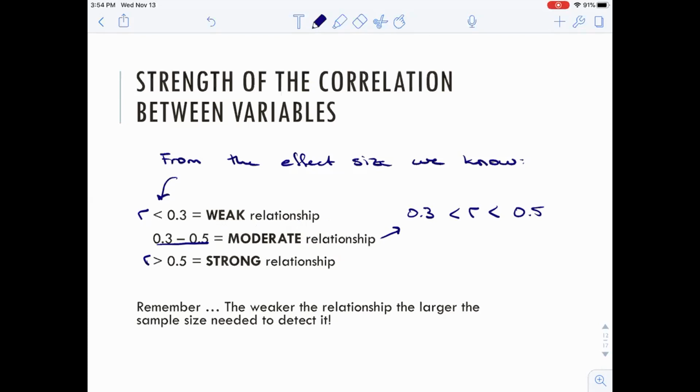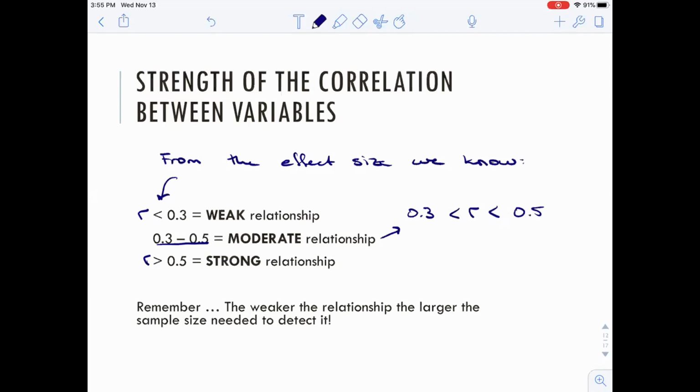Right, and so the correlation is the effect size. Because you already know about the effect size, you know a lot about the correlation as well. For example, if we have a small or weak effect size, then we need a larger sample size to try to capture that.